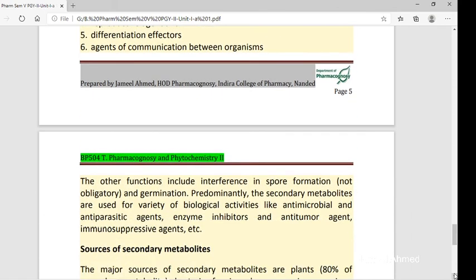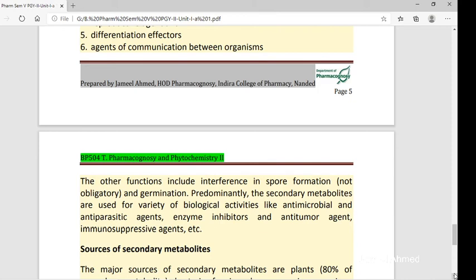The other functions include spore formation. They play an essential role in spore formation, not obligatory, but in germination.